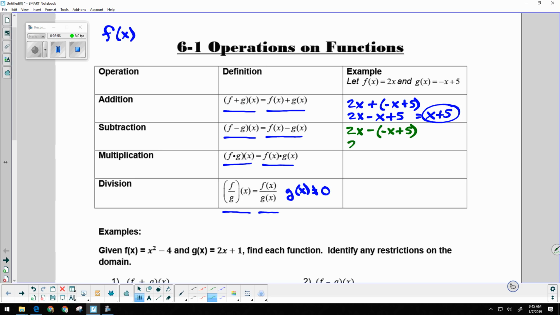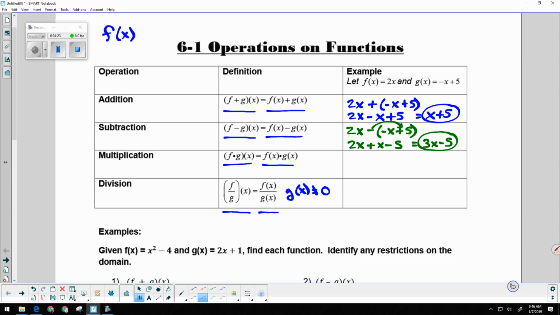So this becomes 2x minus a negative is plus x. But we also, remember, have to distribute to this sign as well: minus 5. So this time when we simplify and combine our like terms, 2x plus x is 3x minus 5. And that is our answer for the subtraction example.